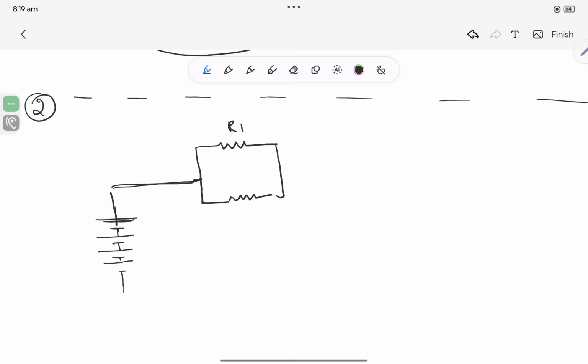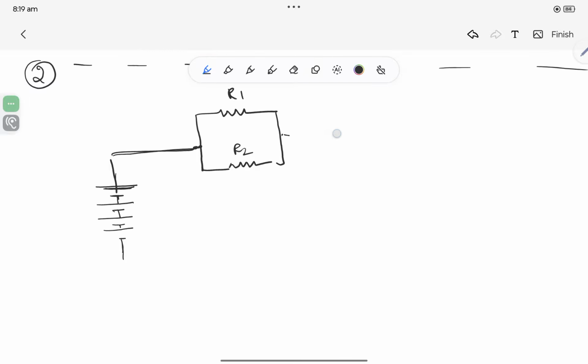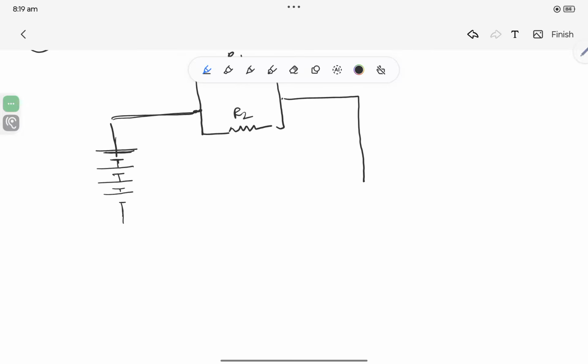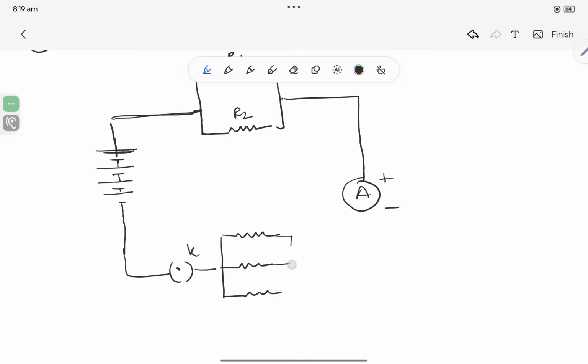R1, R2, through this ammeter, plus minus, here key, switch. These are terminals.